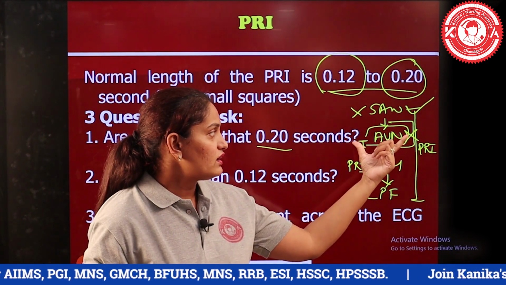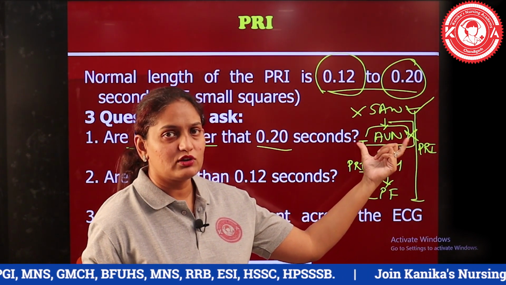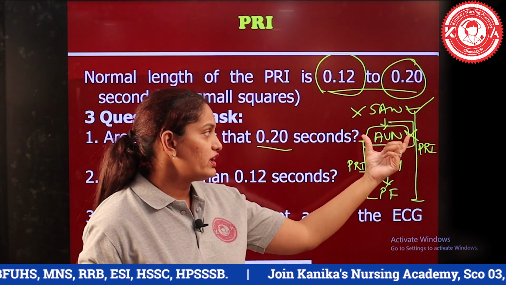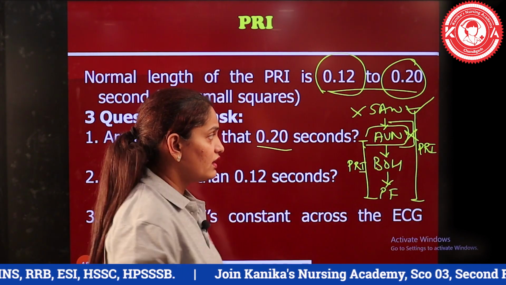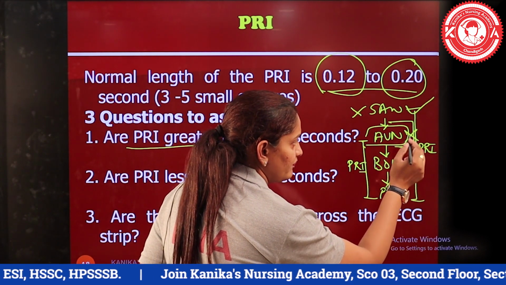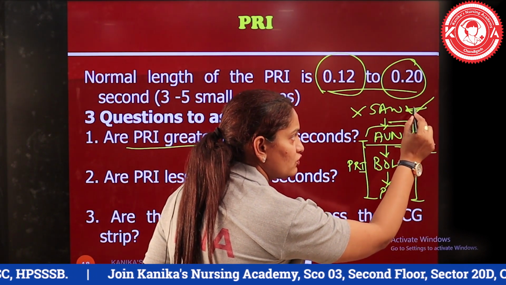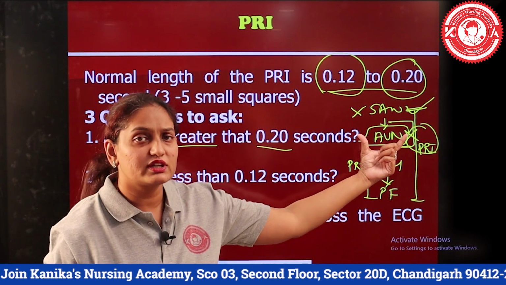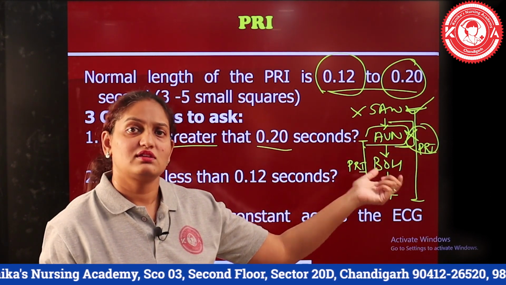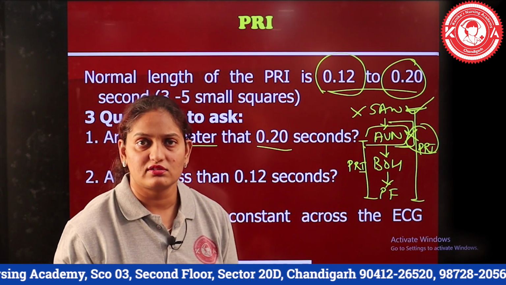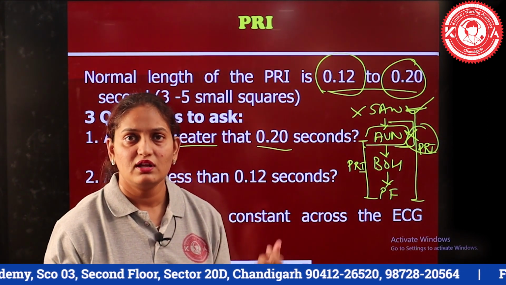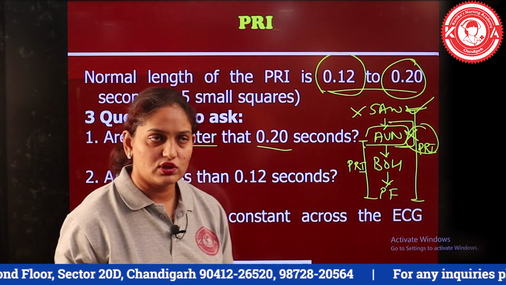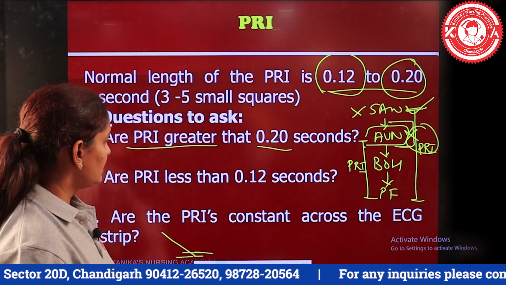In the same way, if there are so many impulses coming to the AV node and sometimes the AV node is blocking those impulses, then the usual time period will become more. The impulse was coming from here, but a delay in time has been occurring over the AV node. So in which case? Atrioventricular blocks. When heart block is the condition, then we can expect that the PR interval will be more than the usual level. So I hope it is all clear.